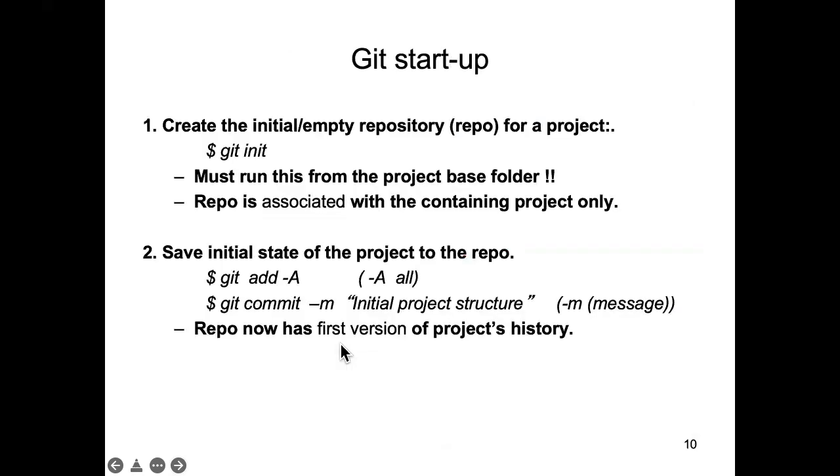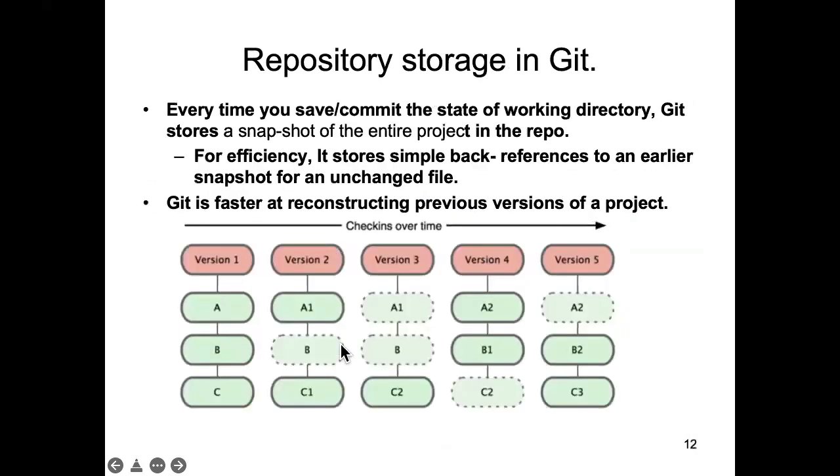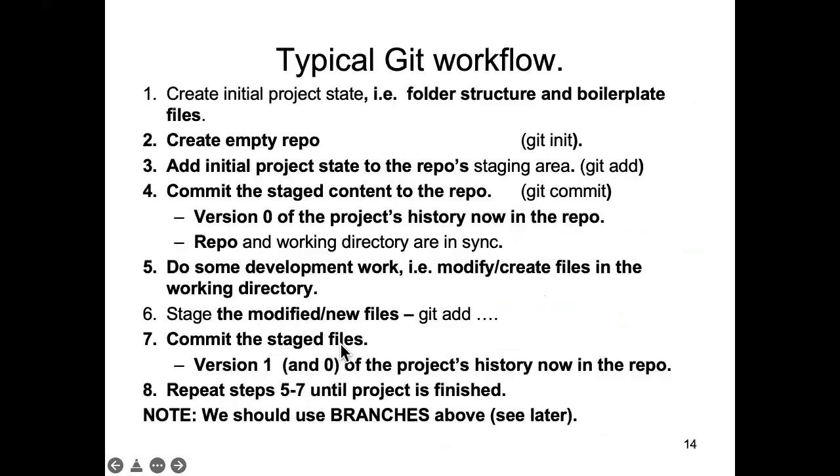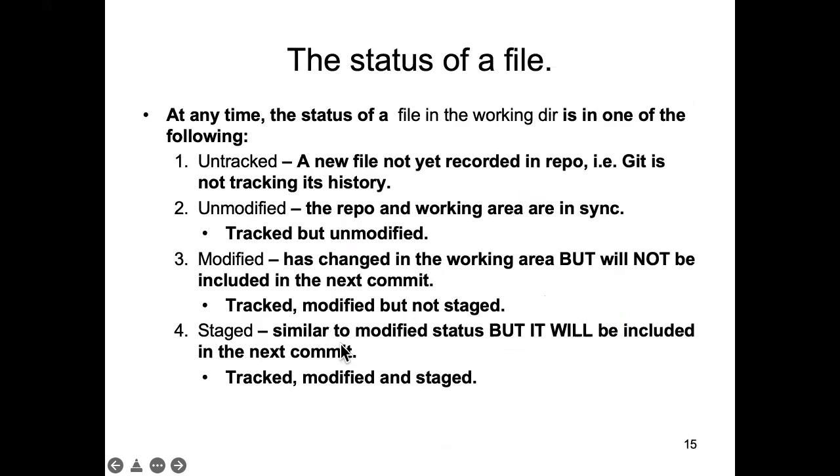From Git's point of view, any file within your project could be in one of a number of statuses, which I talked about here. A file might be an untracked file, which simply means Git has no previous knowledge of that file stored within the repository. It could be an unmodified file, which means the repository has the most up-to-date status of that file.